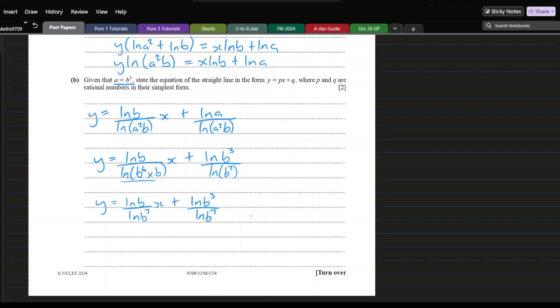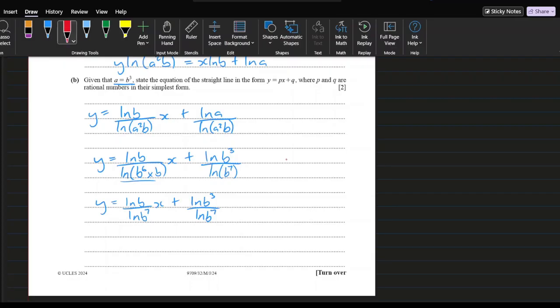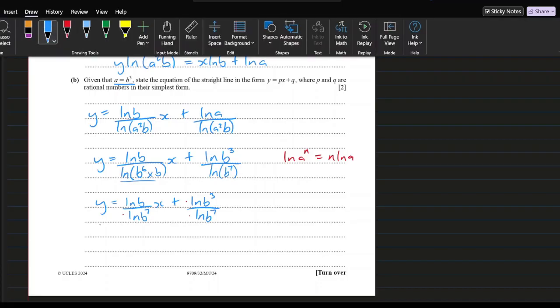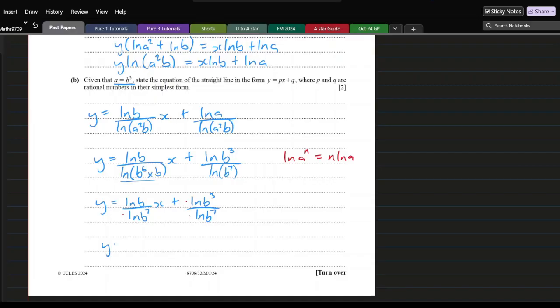Alright, so now at this point we are going to use the law of logarithms that says ln a to the n is equal to n ln a. So we're going to use it here, here, and here. So let's do that. That's y is equal to ln b over 7 ln b x plus 3 ln b over 7 ln b.